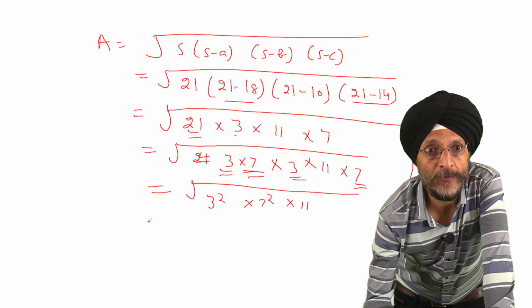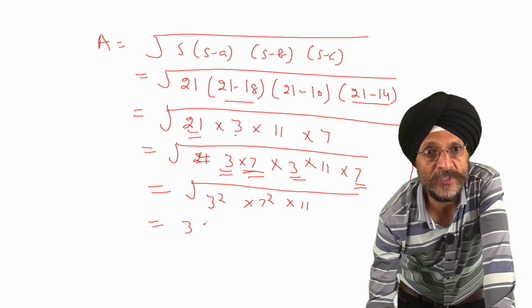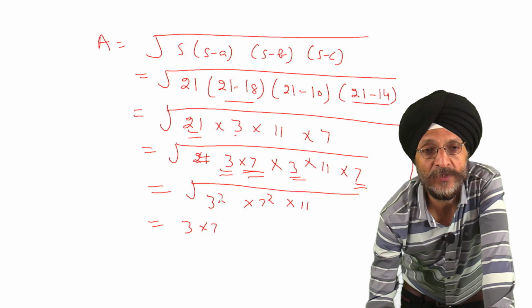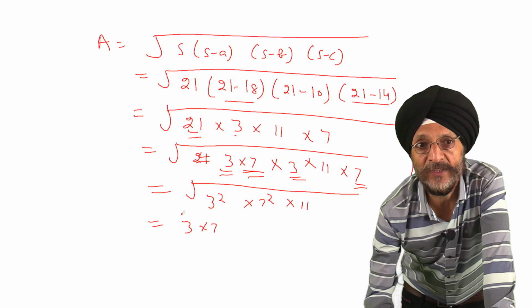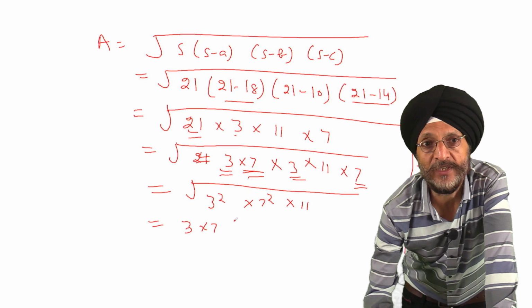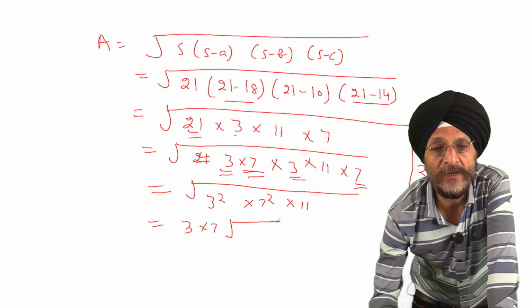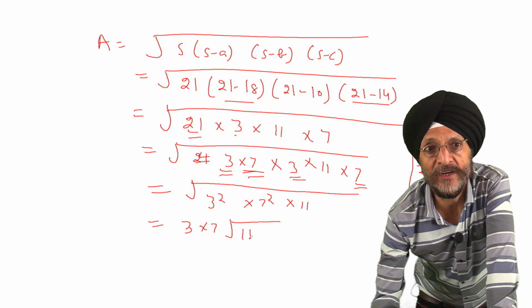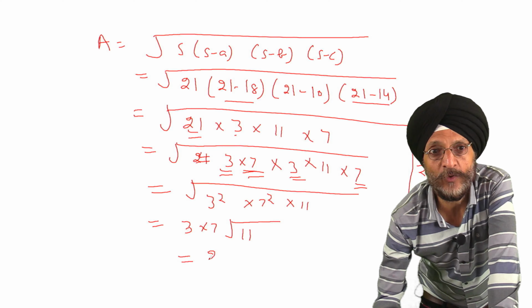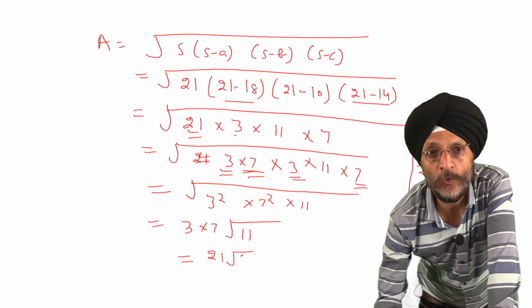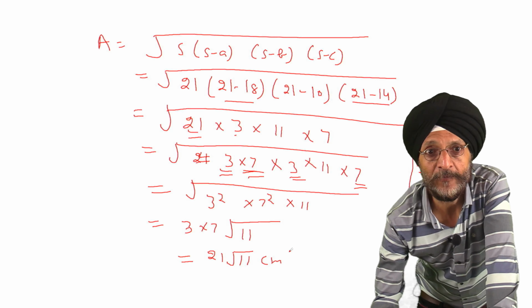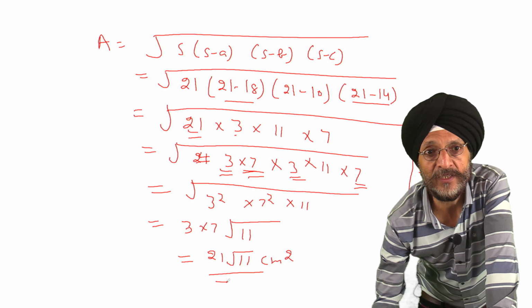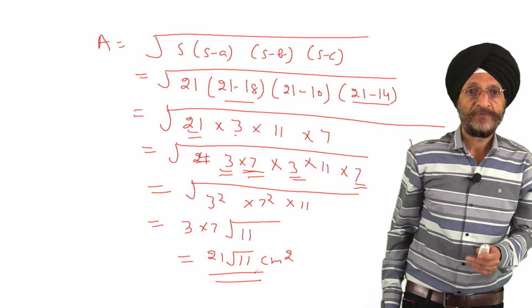So now 3 into 7 will come out because this is square and this is under root, and when they come out, they will come out singly, and 11 will remain inside the under root. So the area is 21 under root 11 square centimeter. This is the answer.